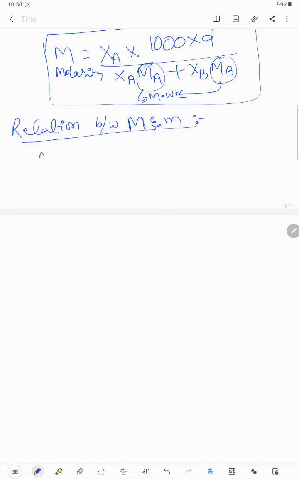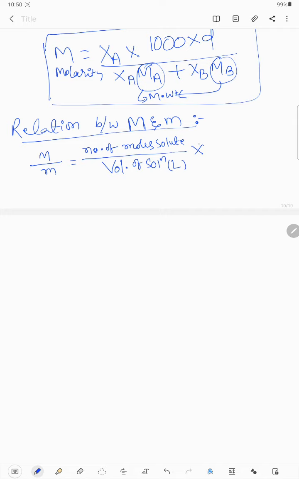Then I am doing this molarity divided by molality. Molarity formula is number of moles of solute divided by volume of solution in liters.